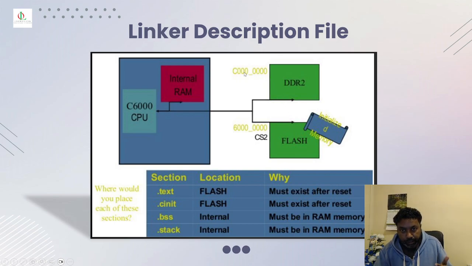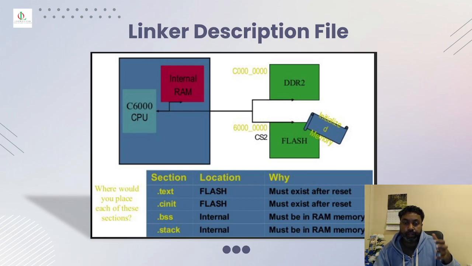It will have a starting address and an ending address. Whenever you assign data to variables, these are the sections where it will be located. The .text that you saw on the previous slide sits in flash. The .cinit, the global variables, will stay in flash as well. These two must stay outside, so they exist after every reset.